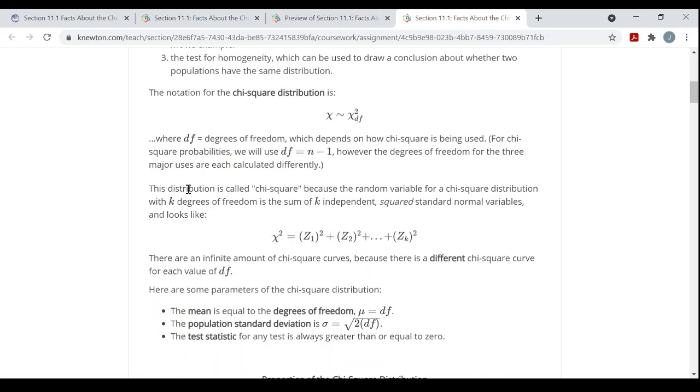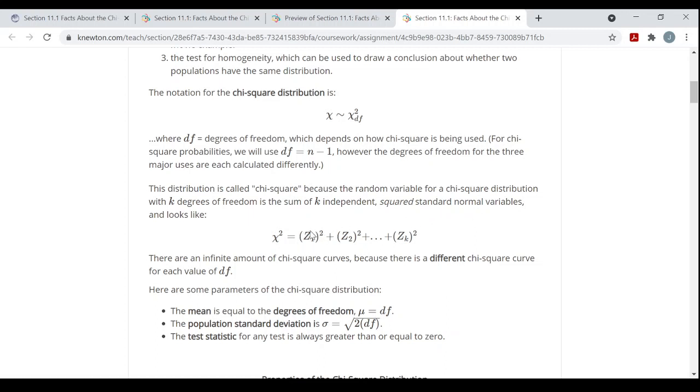The distribution is called chi-square because the random variable for a chi-square distribution with k degrees of freedom is the sum of k independent squared standard normal variables. Remember the standard normal z that had a mean of 0 and a standard deviation of 1.